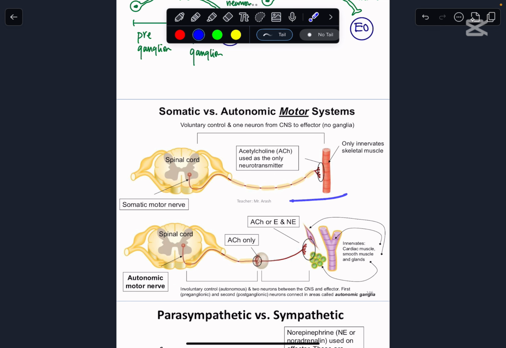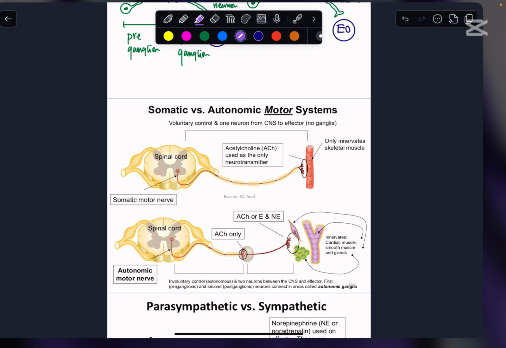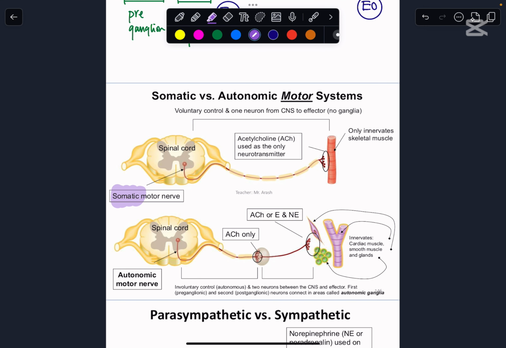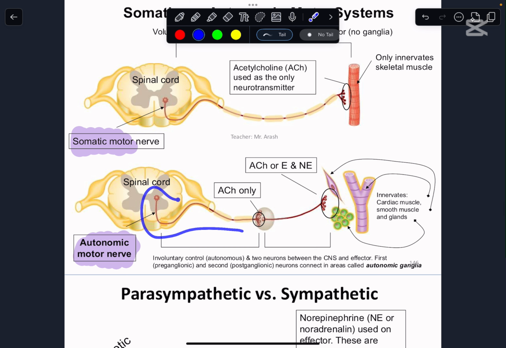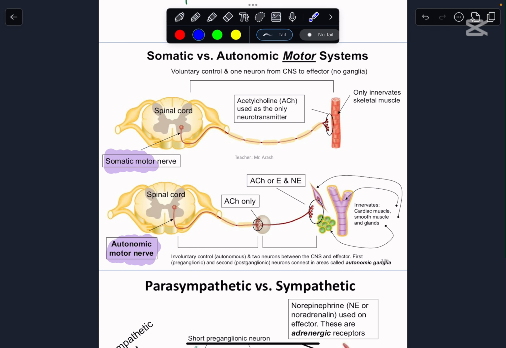At the top is the somatic nervous system. It says somatic motor right there. And down here, you're looking at the autonomic motor nerve. Here's a one neuron system. This one is a two neuron system. If you look closely, there's one here. That's the second one. So that's the first difference between the somatic branch and the autonomic branch.